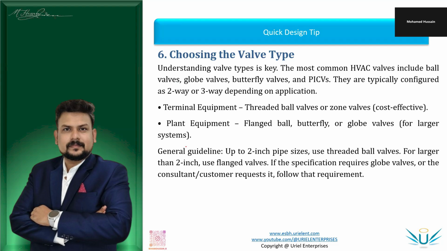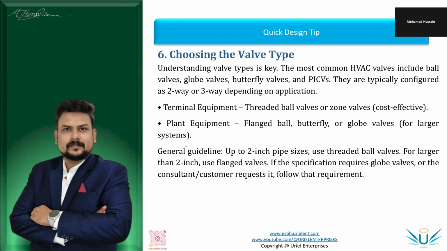The customer will ask why we could not achieve it with a more budget-friendly valve. But where can I get this information? You can get it from the specification or the scope requirement. So you have to be very clear on these things.